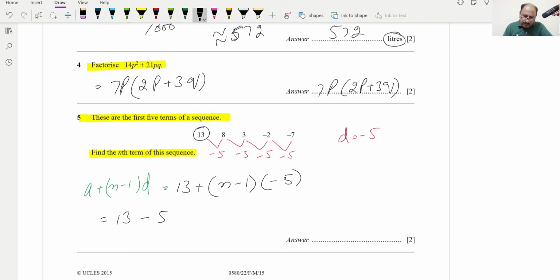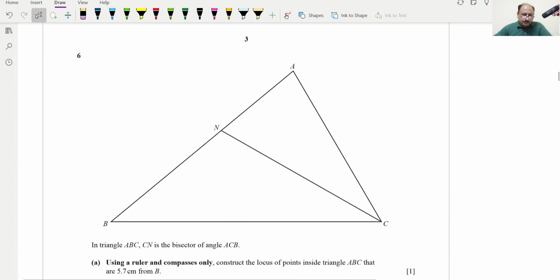We will get minus 5n, and minus 1 into minus 5 will be plus 5, and this will be 18 minus 5n. This will be the general formula, the nth term, 18 minus 5n. This is the 2-mark question which we have done.